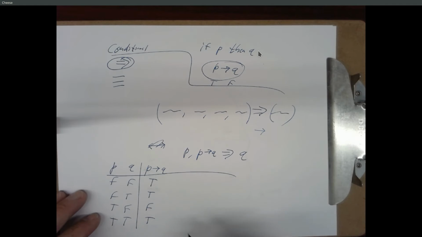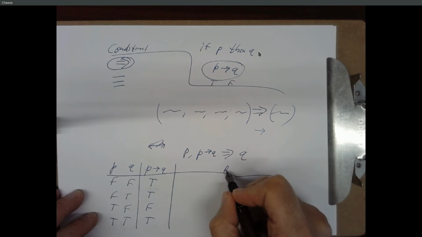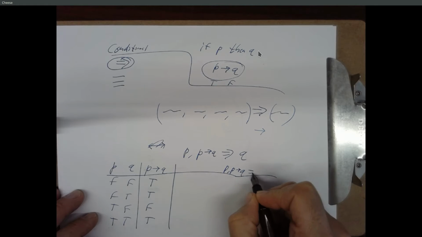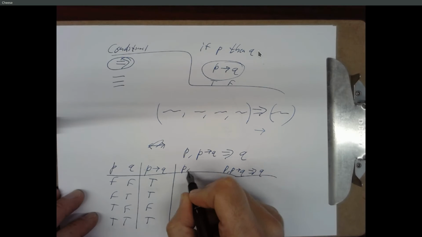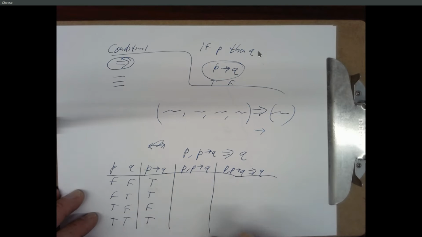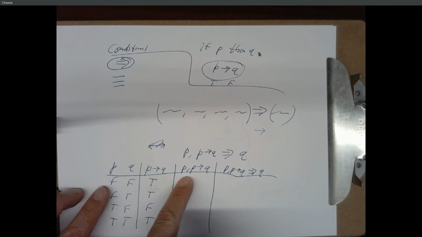And then do it for the whole statement that you've written above: P and P implies Q. So let me do it for this first. This is really a conjunction, right? This is saying that P is true and P implies Q is true.